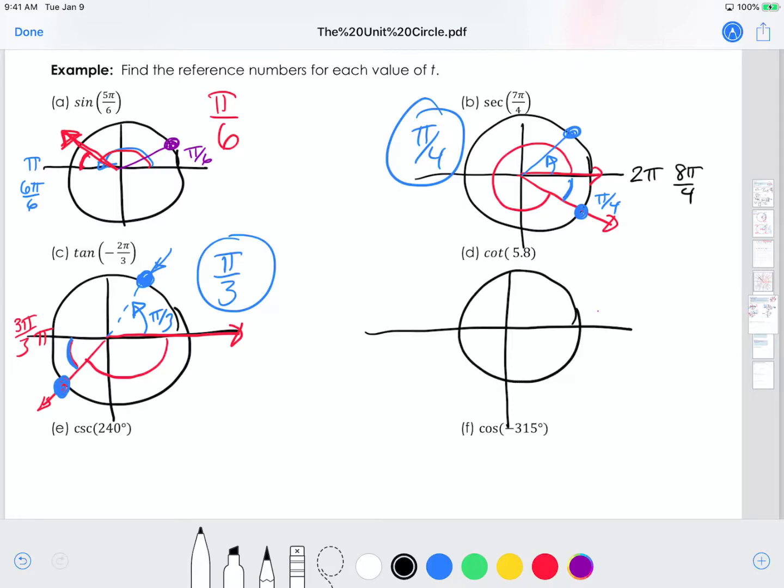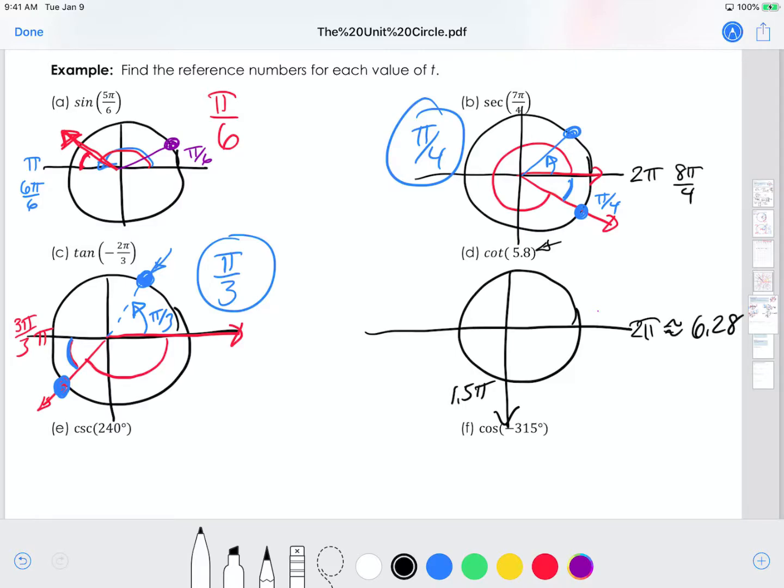Now this one's a little bit out of our comfort zone, but if I think about it, I know that a full circle is 2 pi radians. I know that this is radians because it doesn't have the little degree symbol up there. So if I put 2 times pi in my calculator in decimal form, 2 pi as an approximation is 6.28, rounded to 2 places. This here is 1.5 pi.